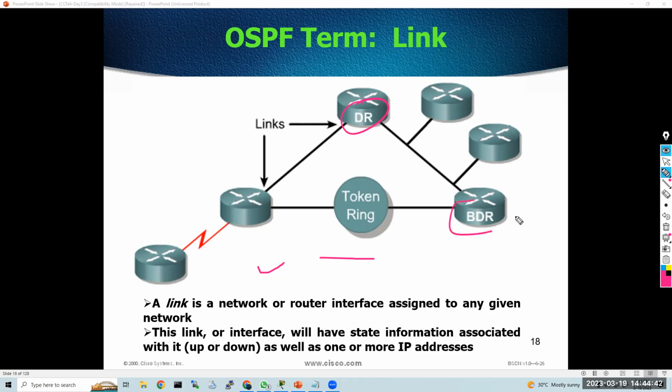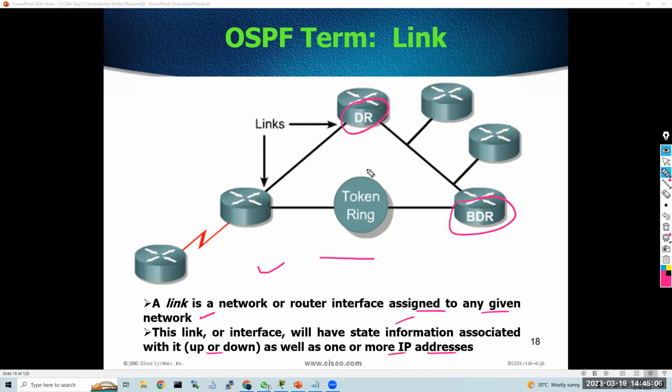BDR means backup designated router. The link is a network or router interface assigned to any given network. This link interface will have the same information associated with it. A link has two states, up or down, and is also known by one or more IP addresses.